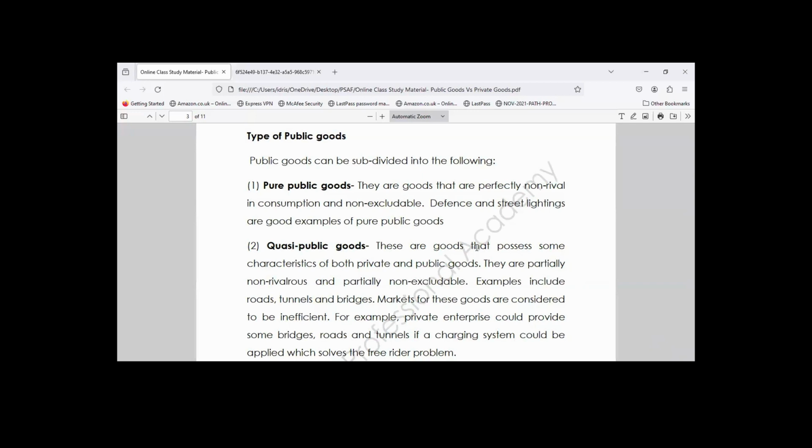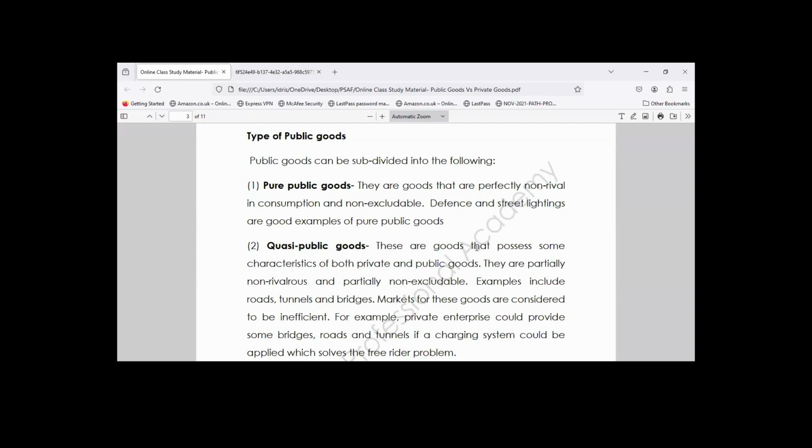Examples of pure public goods are national defense and street lights. They are perfectly non-rival. Everybody in the street uses the street lights. National defense, protection of our life and property by the Nigerian Armed Forces, is compulsory to everybody.